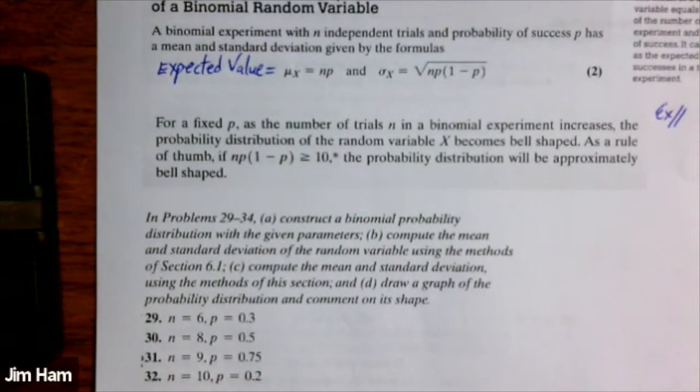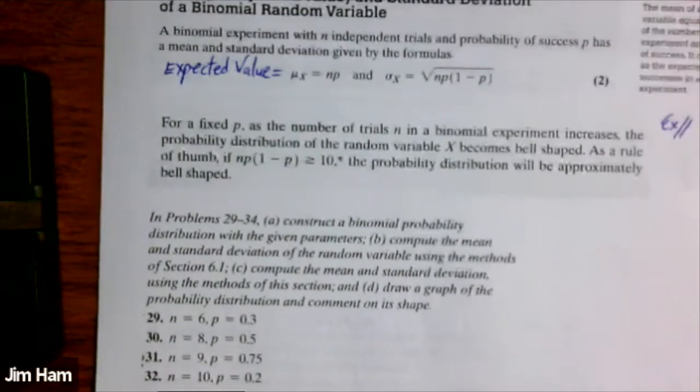If you flip 6 coins in a row, maybe you have 6 coins in your hand and you just throw them up in the air and they come down. And let's say that our x is the number of heads that appears. If you throw 6 coins in the air, what do you think the average number of heads would be in the long run?